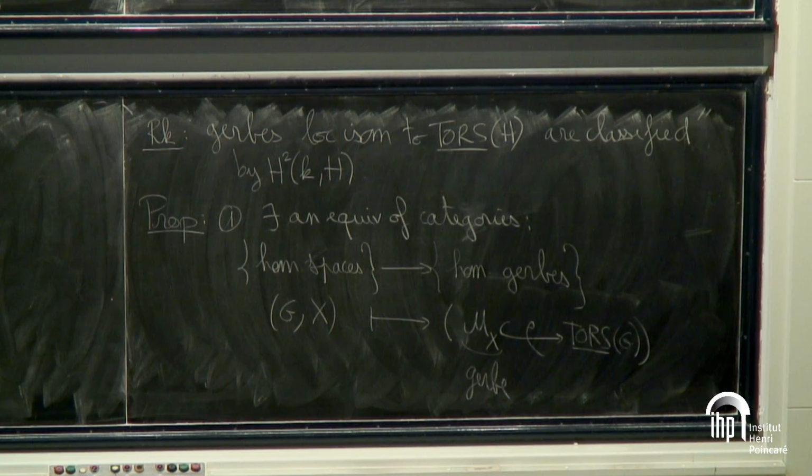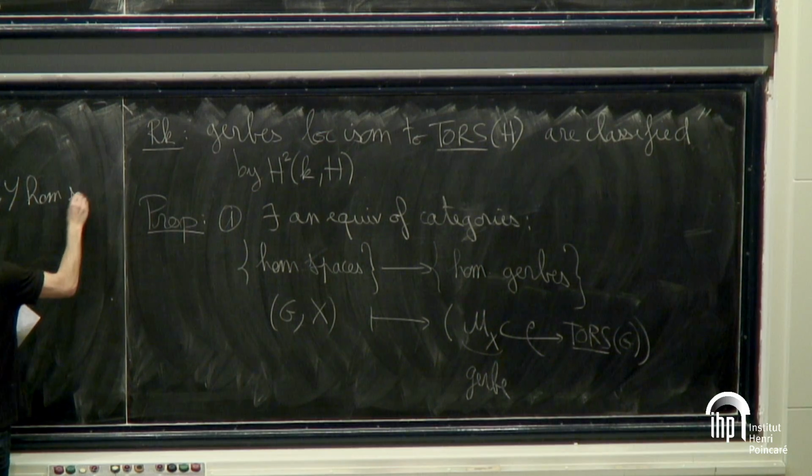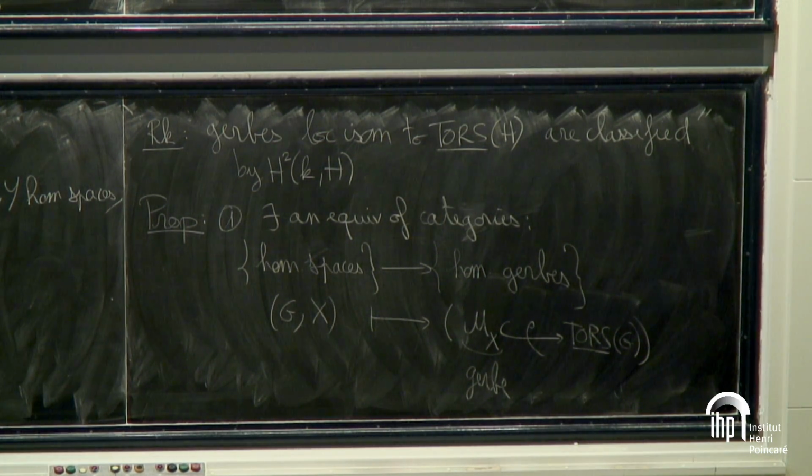Okay, so to prove theorem 1, we define the notion of a good property of homogeneous spaces. So if P is a property of, say, algebraic varieties, we say that P is a nice property of homogeneous spaces if for all such spaces the three following properties hold.